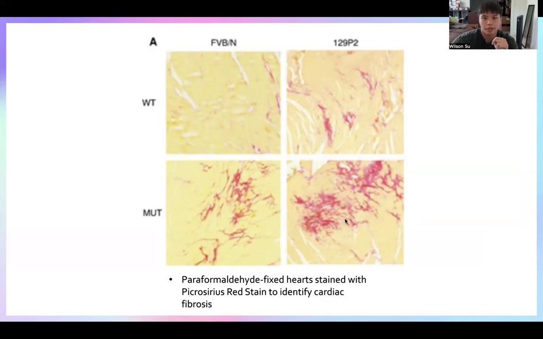And this right here is showing just immense amounts of cardiac fibrosis. So just lots of scar tissue, it can affect just everything within your heart, whether it's the efficiency of how it contracts or not letting your heart relax a certain way.